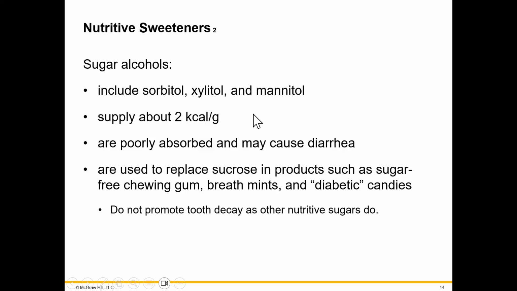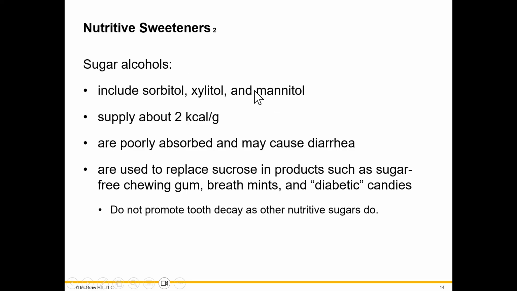They are put into a lot of diabetic foods, or when you see a product called "sugar free." Food manufacturers really can be deceiving when they call a product "sugar free," yet it still has carbohydrate in it in the form of these sugar alcohols.